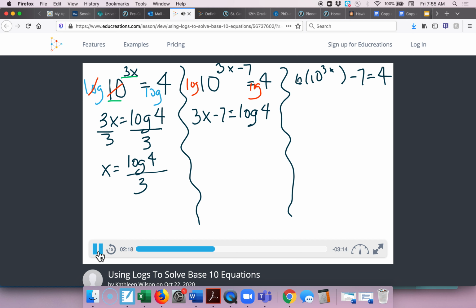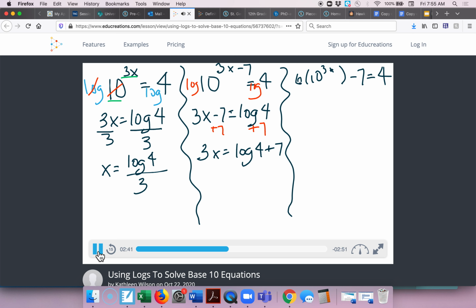Okay, so now we want to solve for x. It looks more or less like a linear equation at this point, right? So to get x by itself, first we could add 7. And we're going to get 3x equals the log of 4 plus 7. That does not become the log of 11. It's the log of 4, that's a number, plus 7.